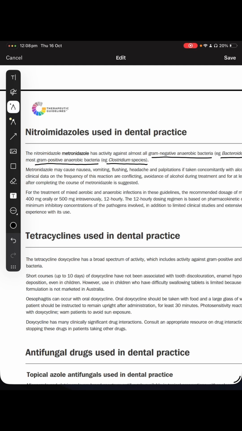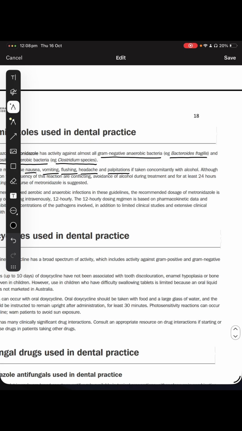Now, metronidazole may cause nausea, vomiting, flushing, headache, and palpitations if taken concomitantly with alcohol. So, whenever you prescribe metronidazole to a patient, you need to ask if they are taking alcohol or not.